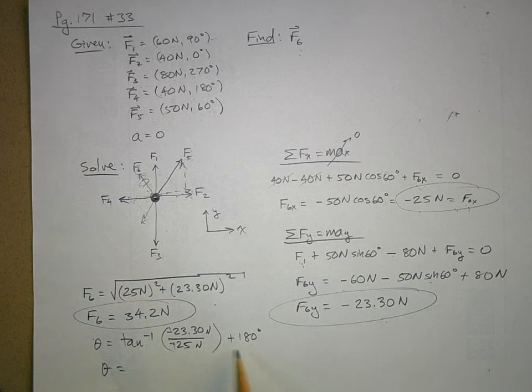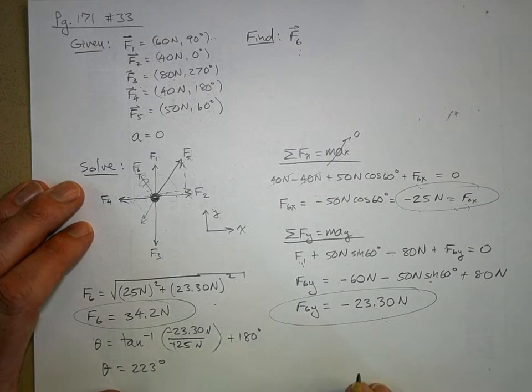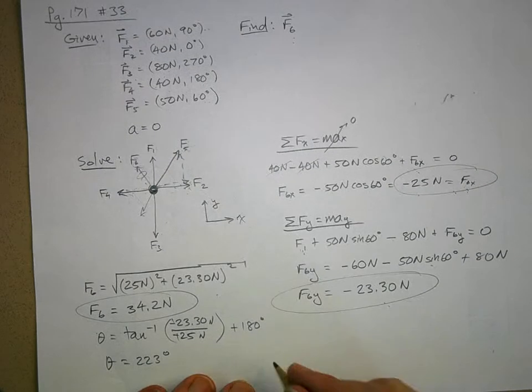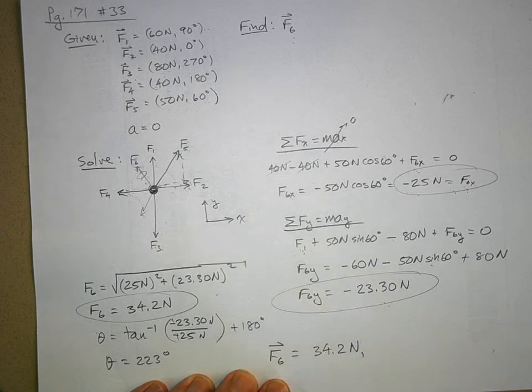Now I have to add 180 degrees to that. And I get 223 degrees. So I've got my finished answer now. It's got a magnitude of 34.2 newtons and an angle of 223 degrees.